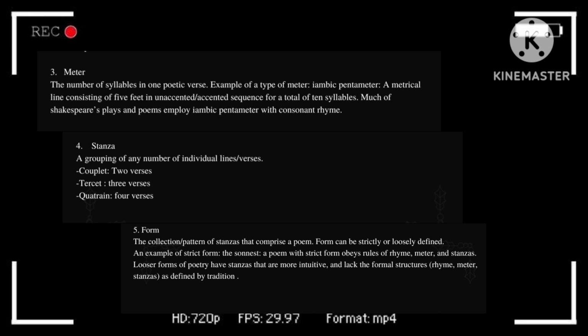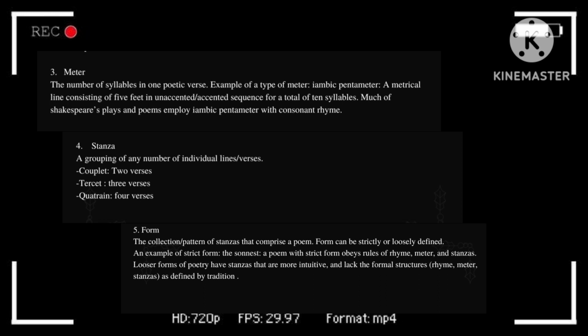Much of Shakespeare's plays and poems employ iambic pentameter with consonant rhymes. The fourth is stanza, a grouping of any number of individual lines or verses. The first one is couplet, 2 verses, tercet, 3 verses, and the last is quatrain, 4 verses.